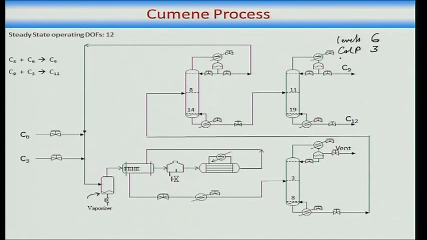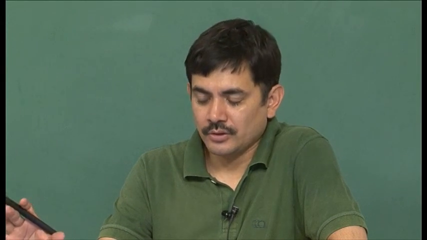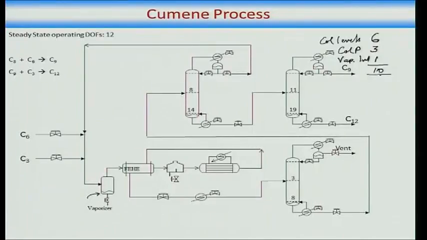So, column levels 6, column pressure 3, vaporizer level 1. That takes away 10 valves, 10 things that can drift, but really their drift does not affect my steady state. Therefore, 10 valves will get used for controlling these things which have little or no economic significance.